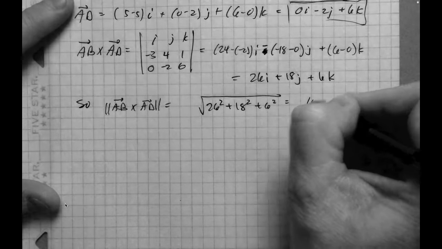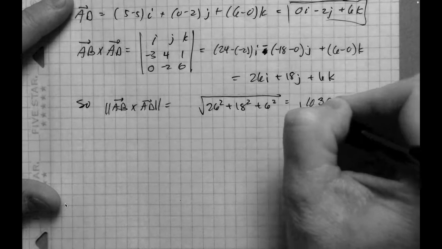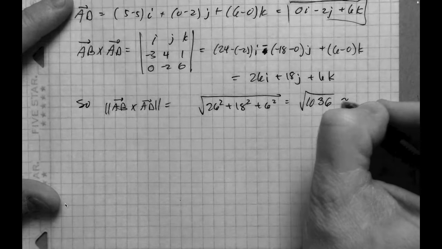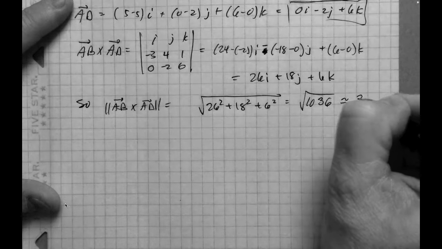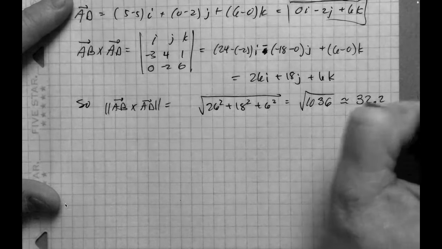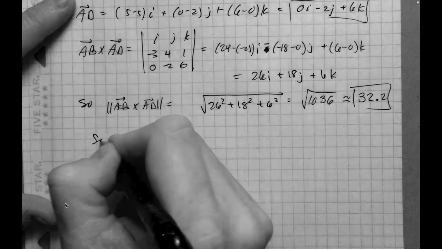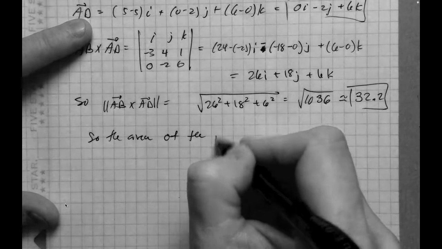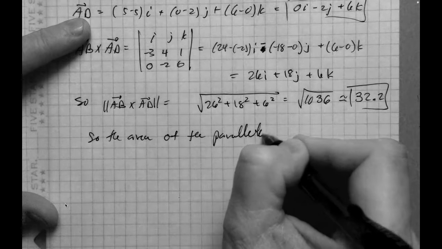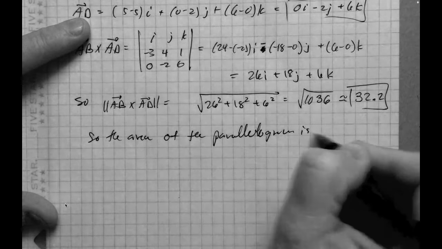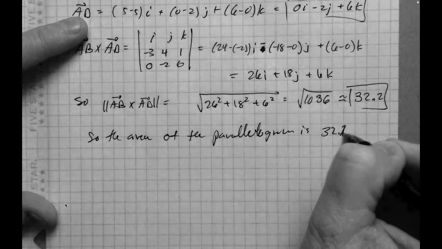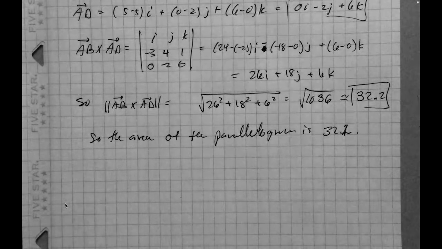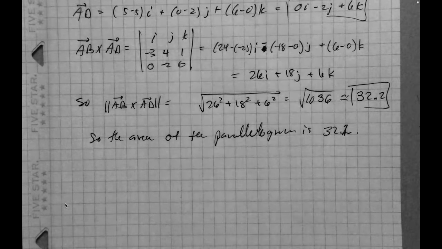It's the square root of 1036, and that's approximately 32.2. Okay, so the area of the parallelogram is 32.2. Okay. All right. Excellent.